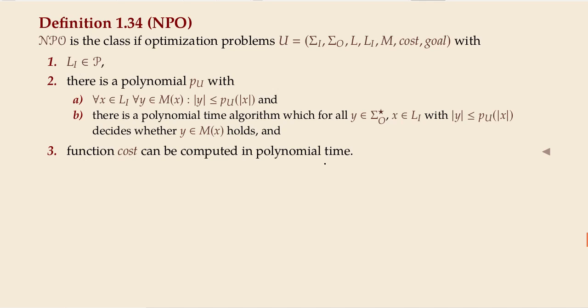Also, the cost function should be computed in polynomial time. Otherwise, it would be a pretty strange conception of cost. So this means that we essentially only need to output the solution and not its costs, because we can always compute the cost from the solution. And then the remaining requirement is for any instance of the problem x, we require that all the possible feasible solutions for this instance are bounded in length by a polynomial.